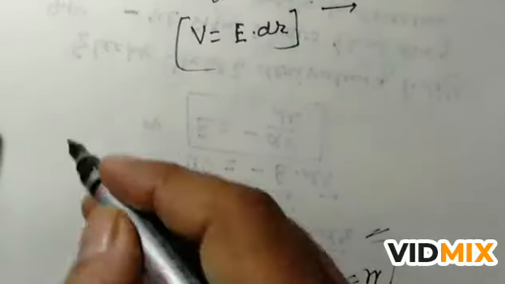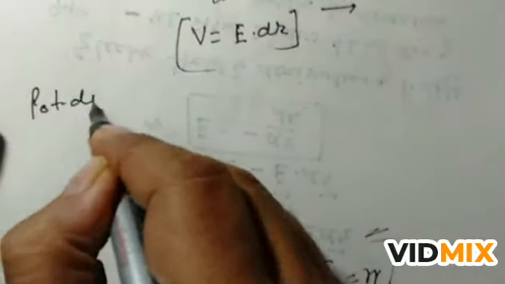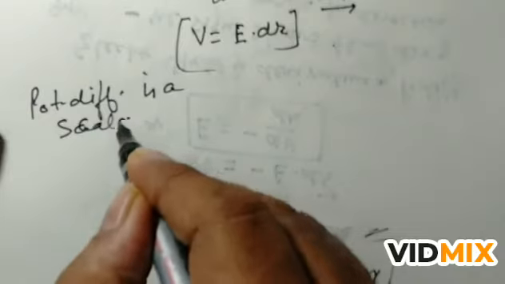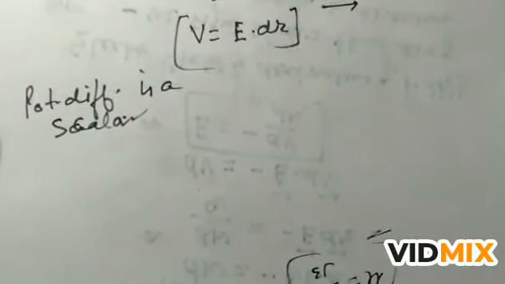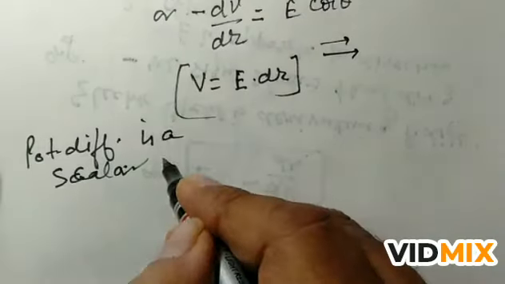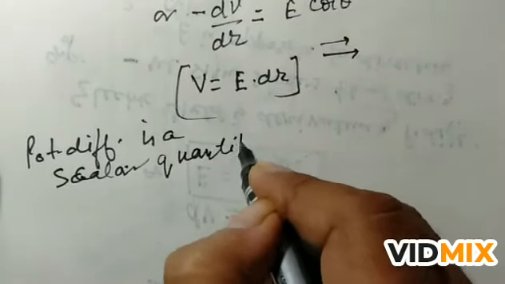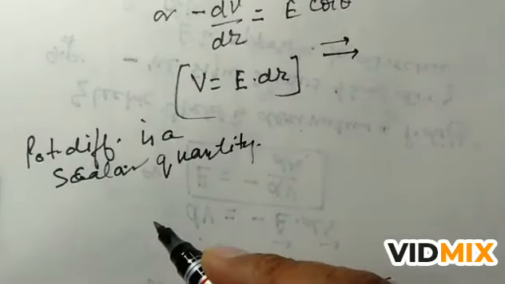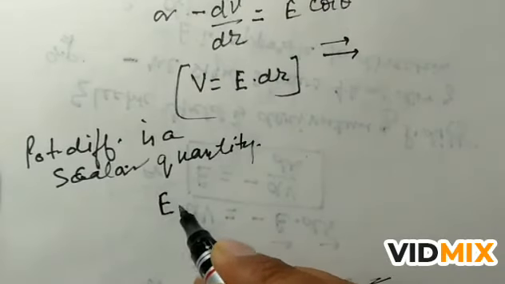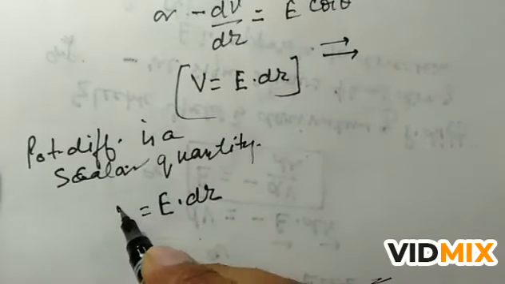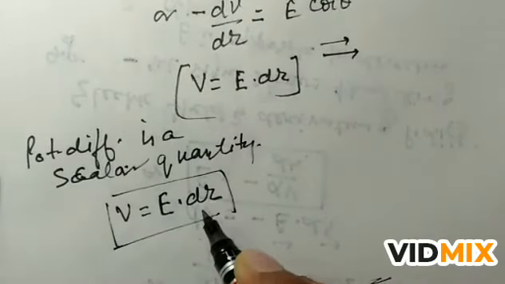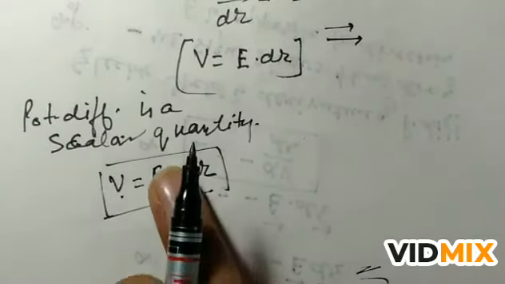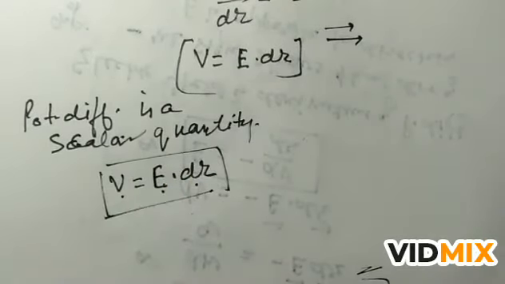So potential difference is a scalar quantity, and it is given by the dot product of E and dr. E is a vector and dr is a vector, and two vectors are giving a scalar quantity, meaning they are a dot product.